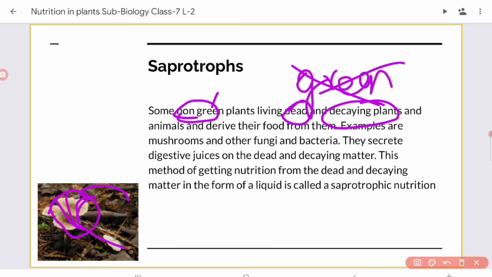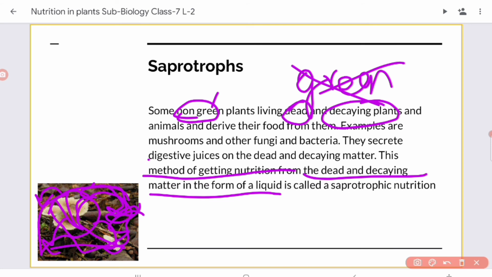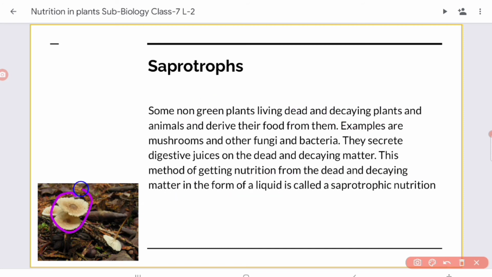They secrete digestive juices on this dead and decaying matter, and the matter turns into liquid. When it is turned into liquid by the digestive juices, it is absorbed by the saprotroph. This mode of nutrition is known as saprotrophic nutrition.